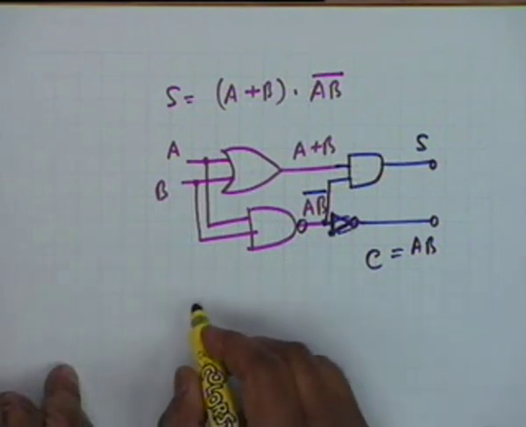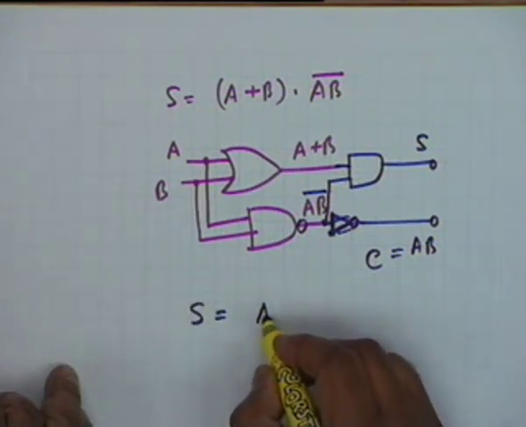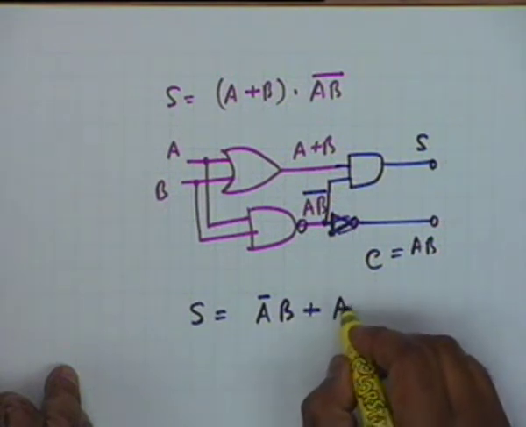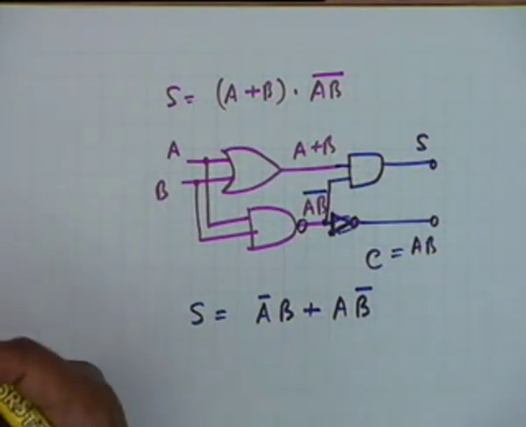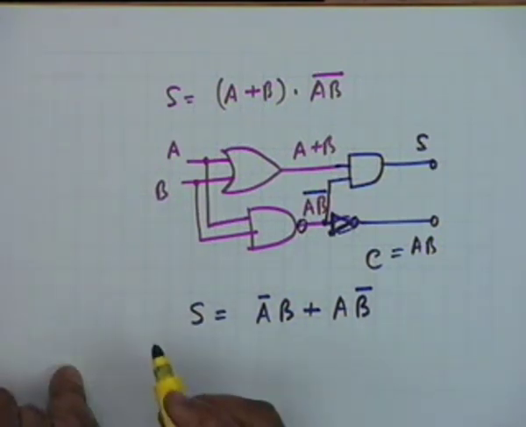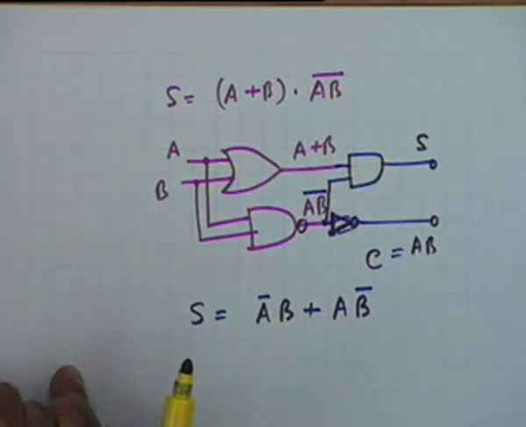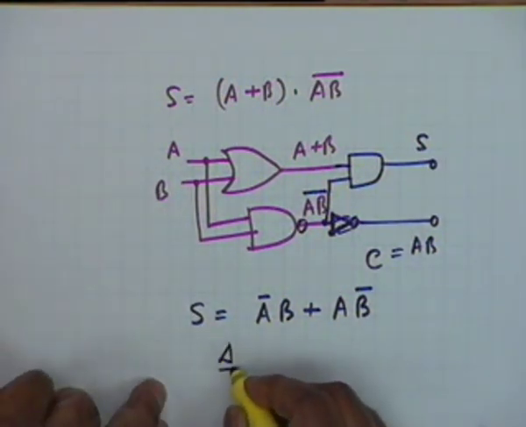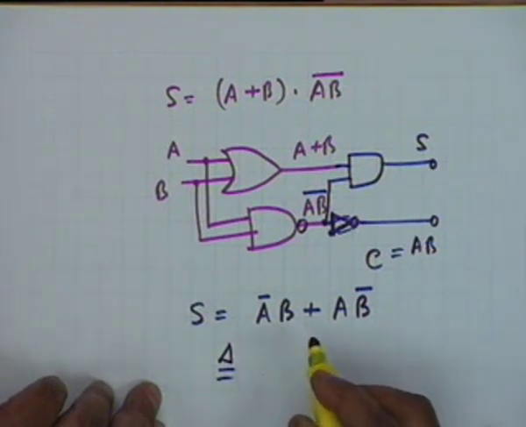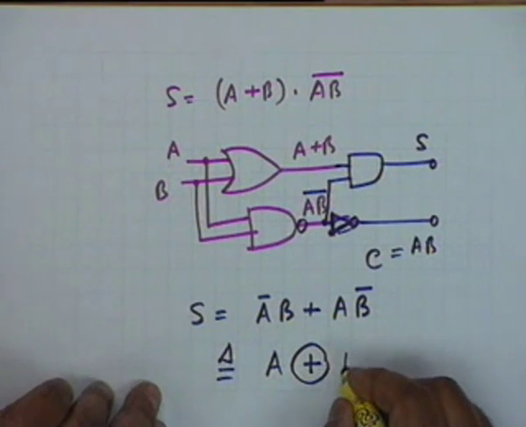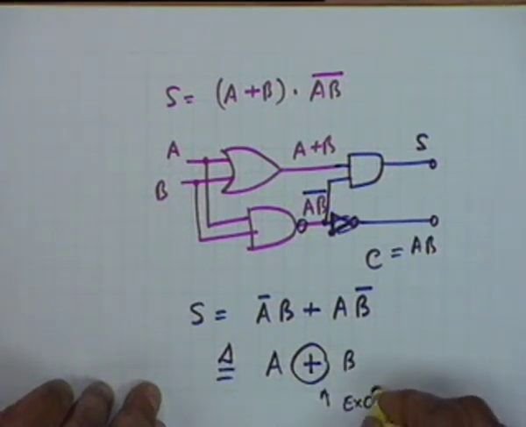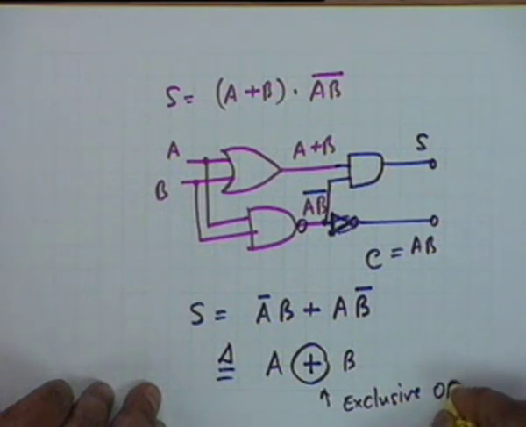This expression S equal to A bar B or AB bar, which is the logical expression for the sum bit, is also considered as an operation, and this operation is defined as an exclusive OR operation. That is A, or if it is exclusive OR, then you put a circle around it, B, and this operation is called exclusive OR operation.